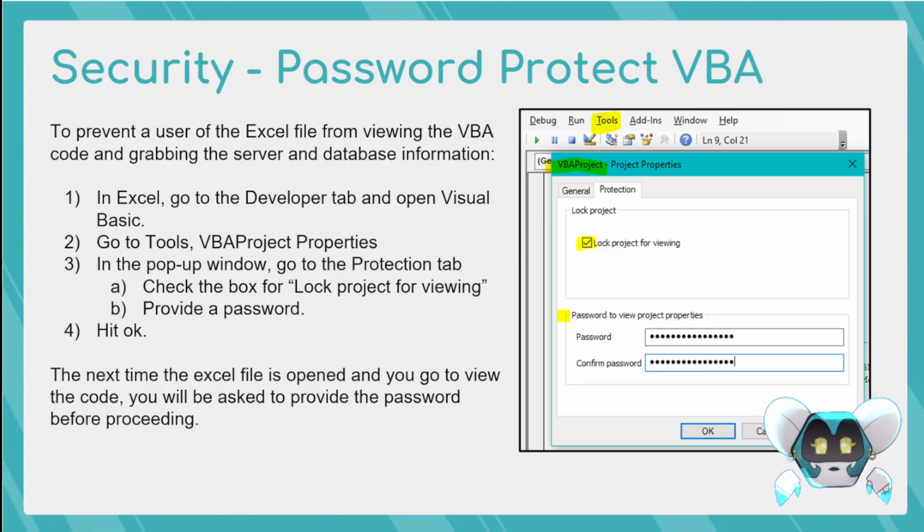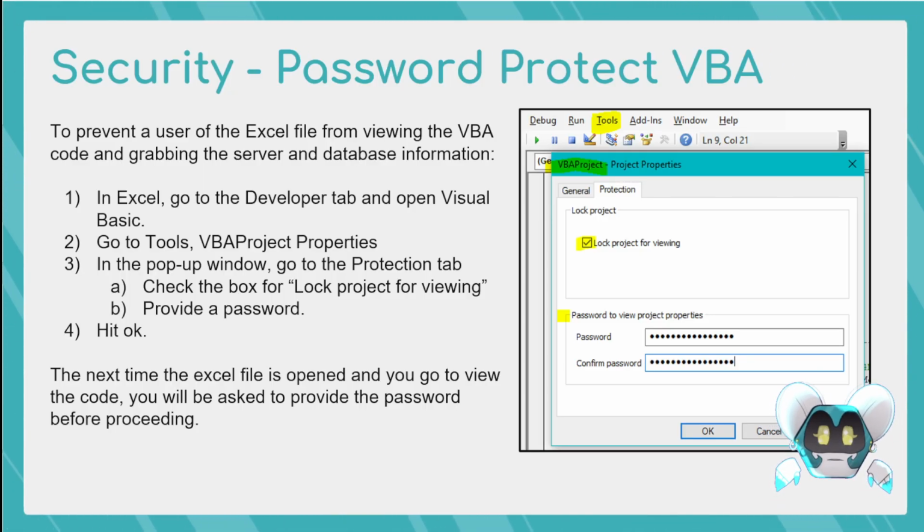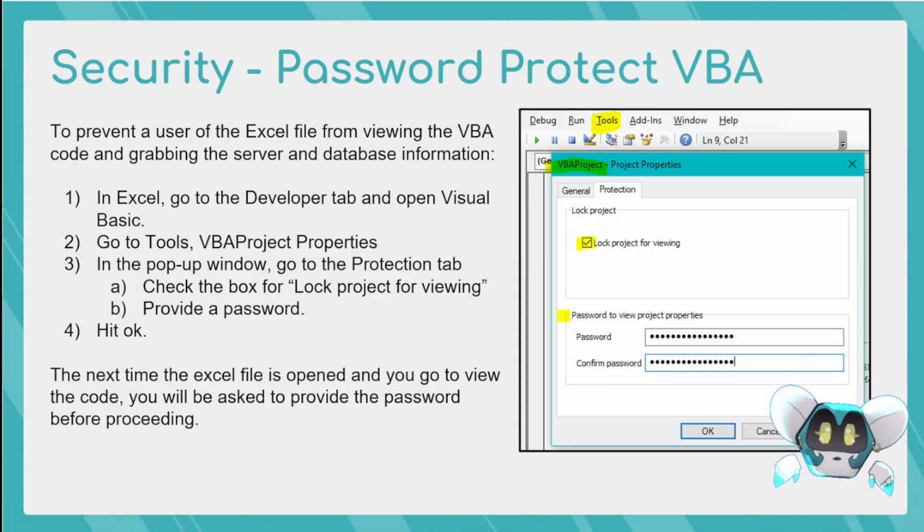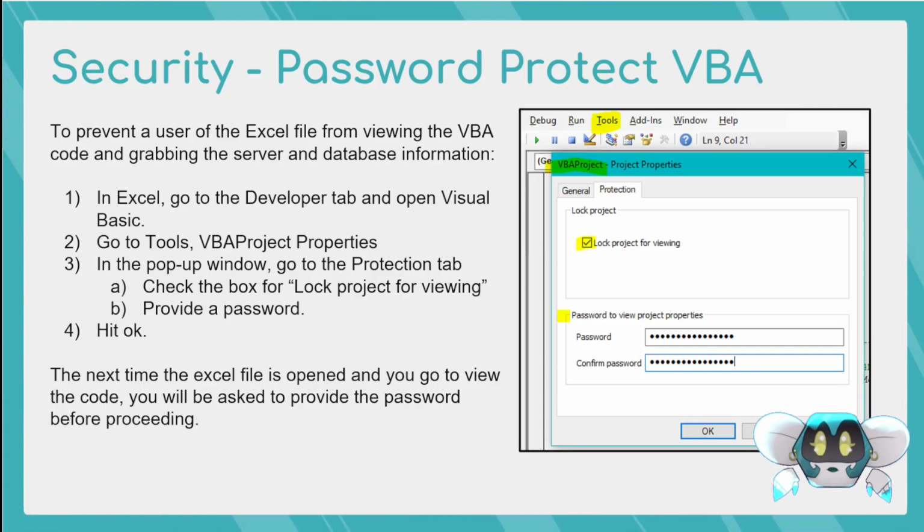And also to protect the VBA coding, you can password protect it. So even if somebody knew how to open up the developer tab or how to unhide the developer tab, go to the Visual Basic window to see the coding inside, if it was not password protected, then they could see the server name, the database name, the username, the password.